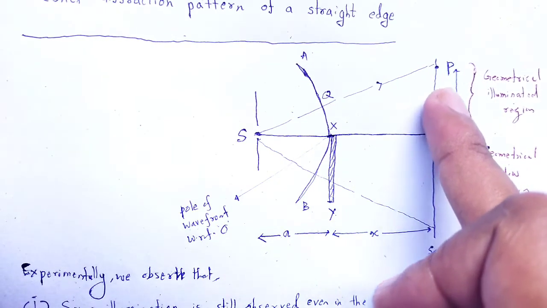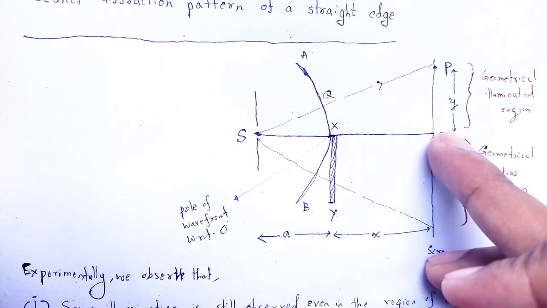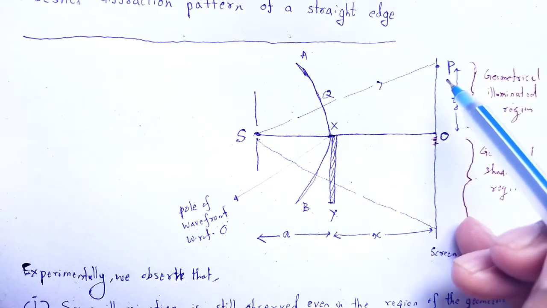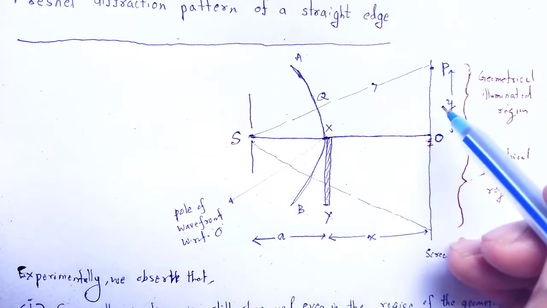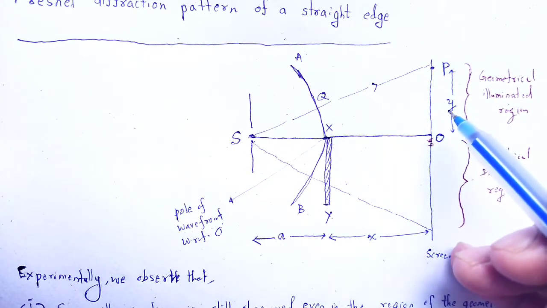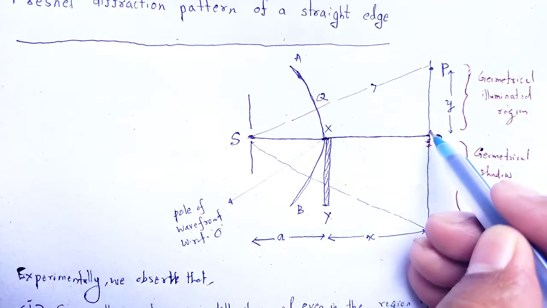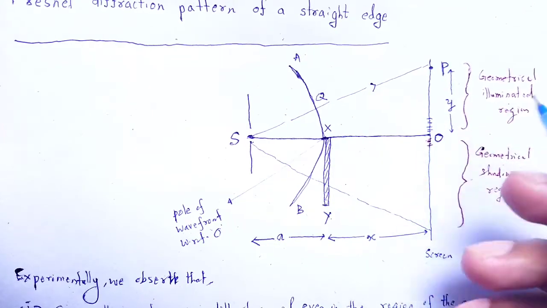It keeps on increasing as we move away from point O, and there appear alternate bright and dark bands of unequal widths and varying intensity above point O.